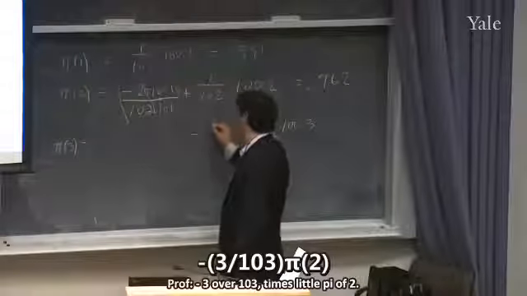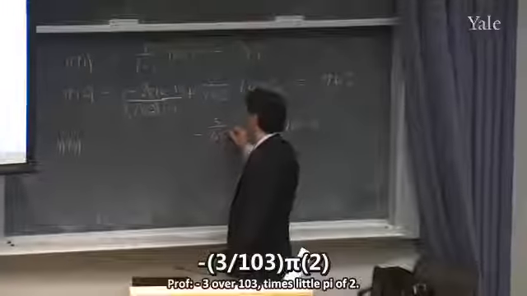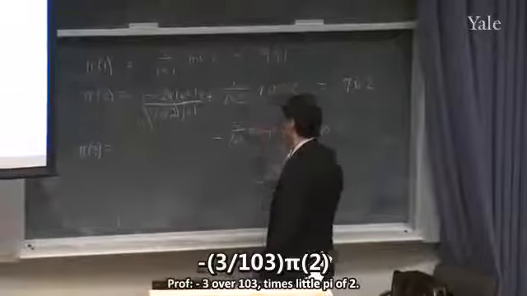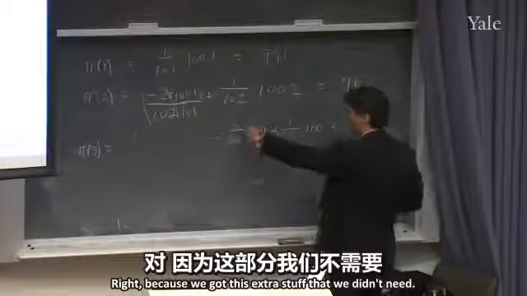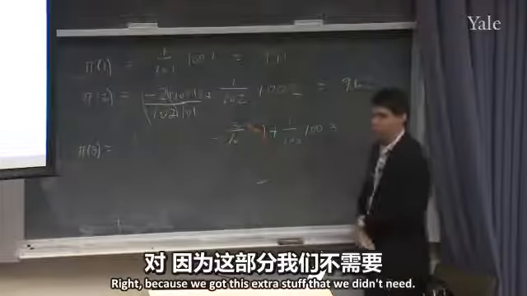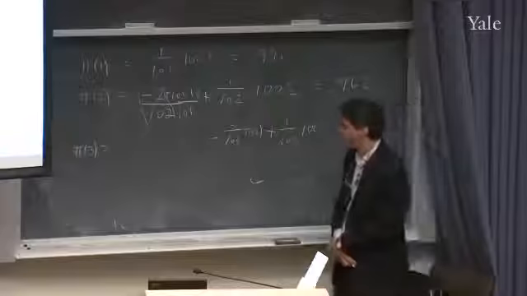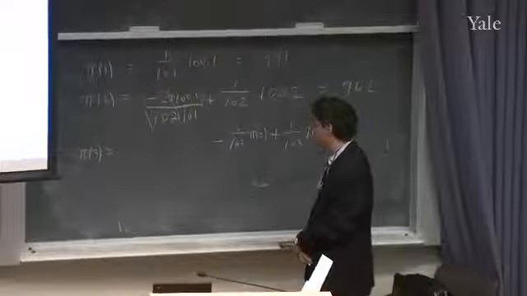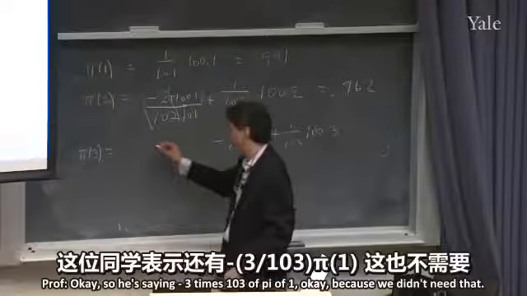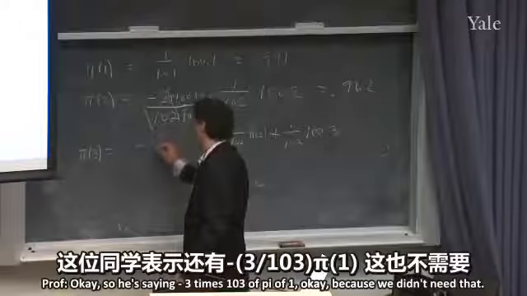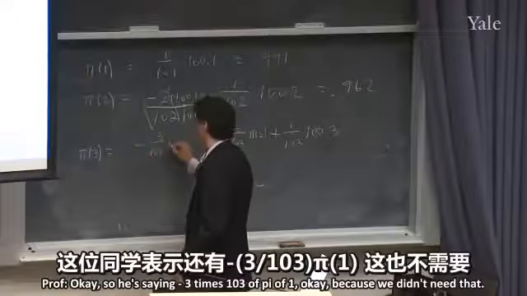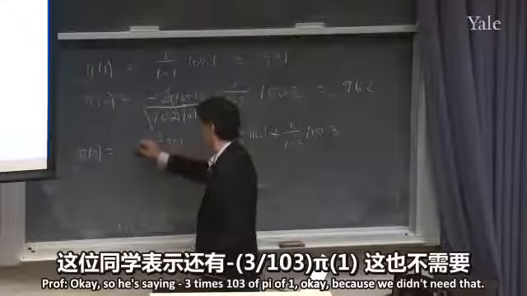Minus 3 over 103 times little pi of 2, right? Because we got this extra stuff that we didn't need. So he's saying minus 3 over 103 of pi of 1, okay, because we didn't need that.